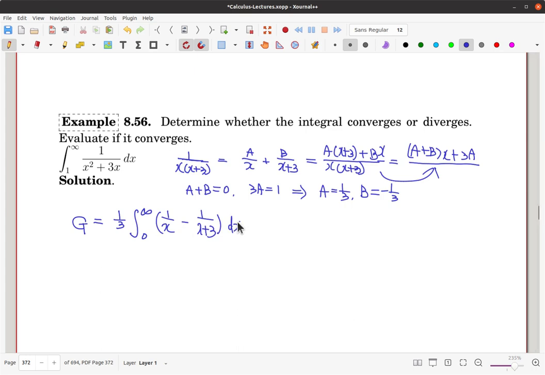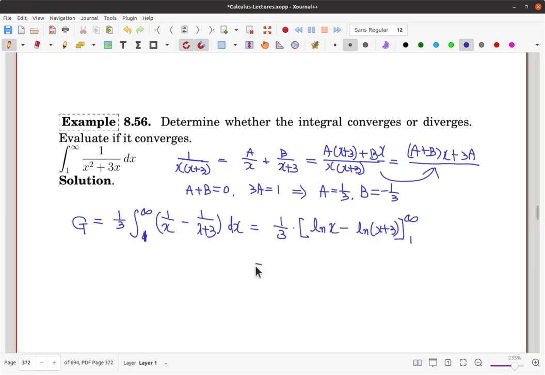This will make logarithm of x minus logarithm of (x plus 3), and we are evaluating from 1 to infinity.